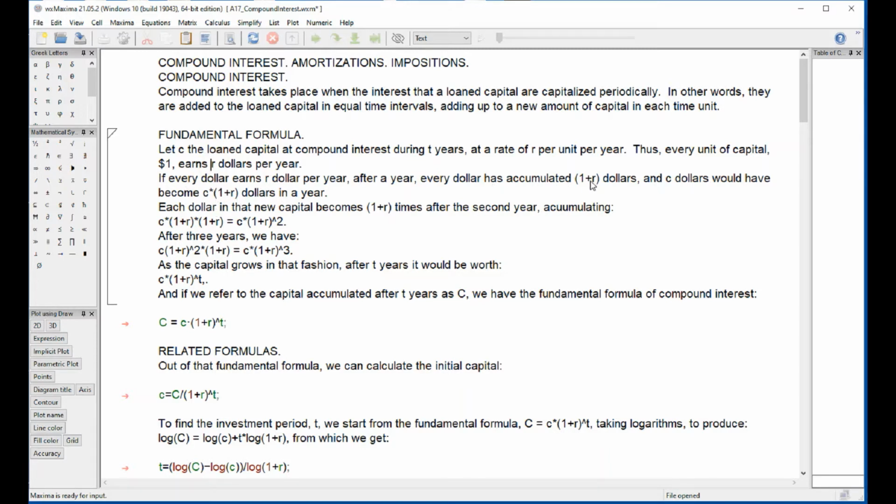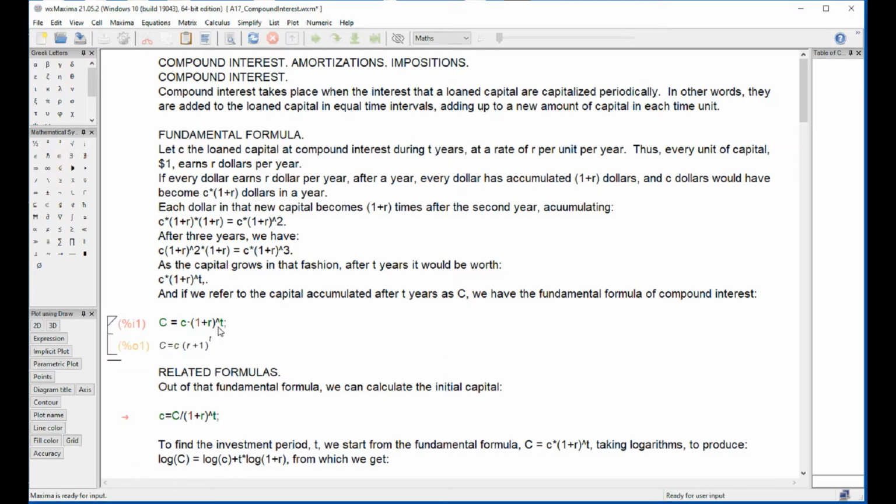So after a year, you have accumulated C times (1 plus R) dollars at the actual interest rate. In 2 years, you have C times (1 plus R) squared, and so on. So in T years, you will have accumulated a capital equal to C times (1 plus R) raised to the T. That's the general formula of compound interest.